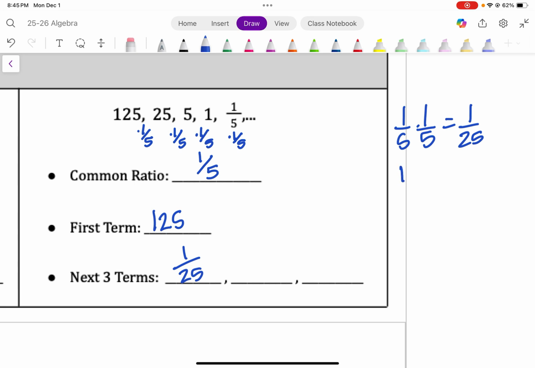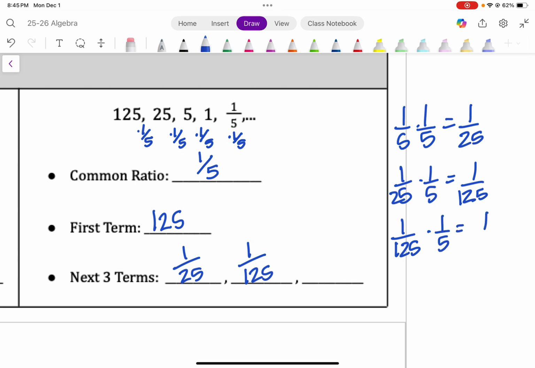And then I'm going to multiply 1/25 times another fifth. So 1 over 125. One over 125 times another fifth would be 1 over 625.